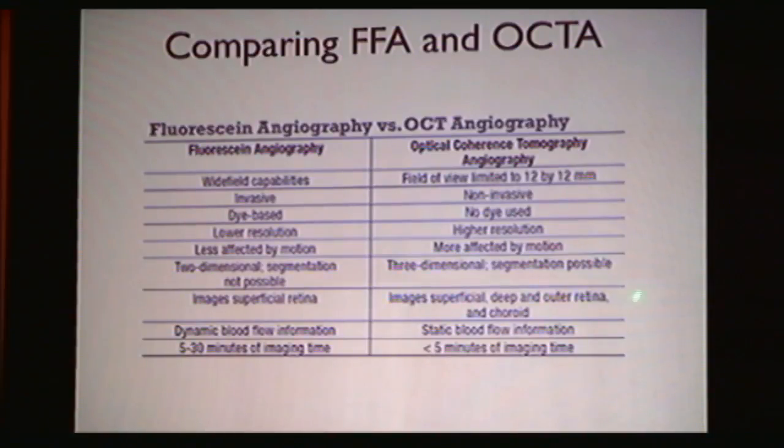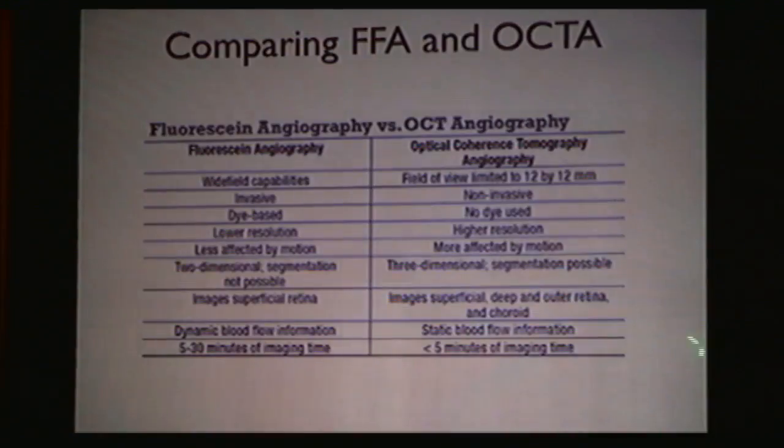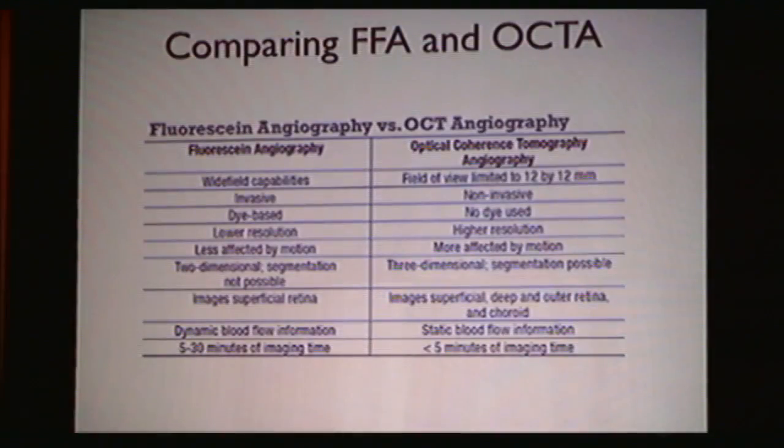So now we get images of the superficial retina, deep retina, outer retina, and choroid, at 4 different levels. Never before have we been able to cut the retina into 4 segments and see the retina carefully at all 4 levels. It takes very little time, and we can do it in all our patients.